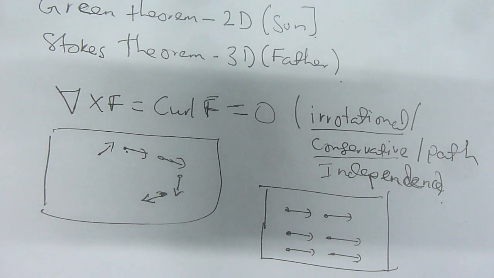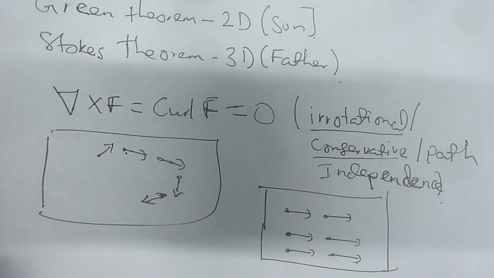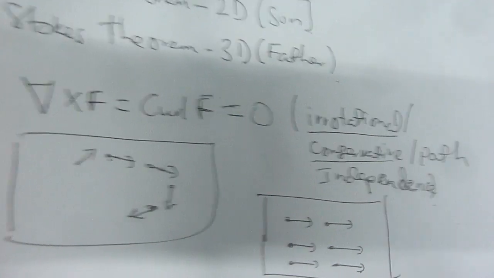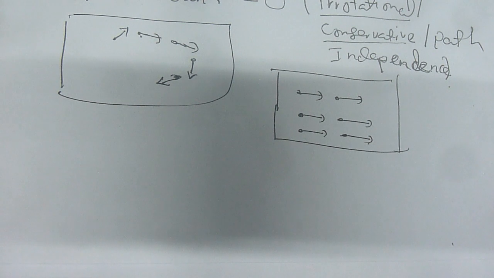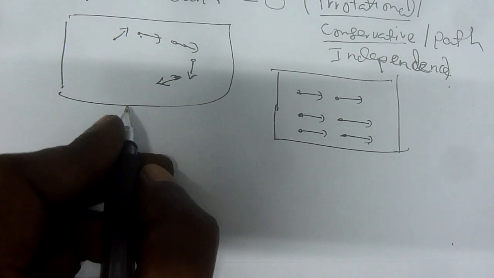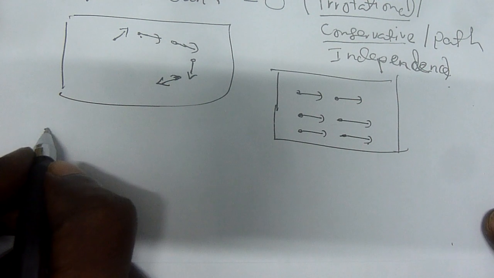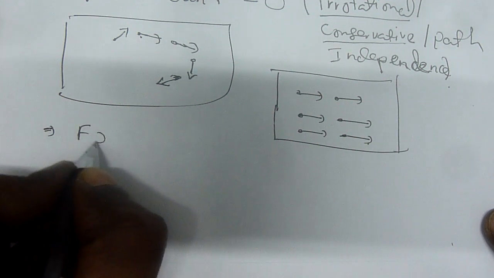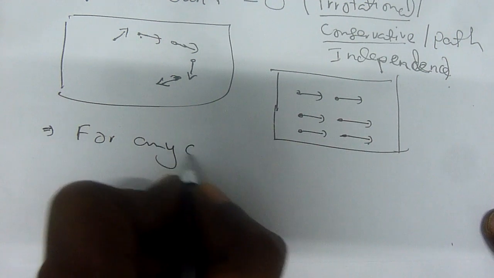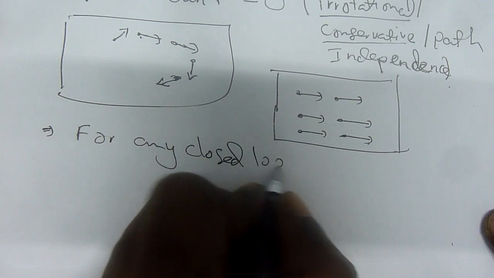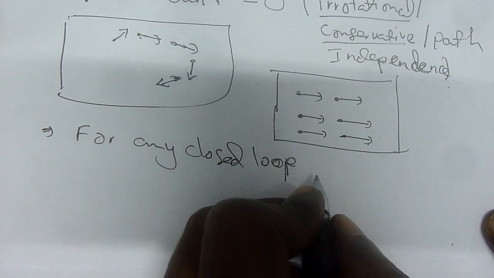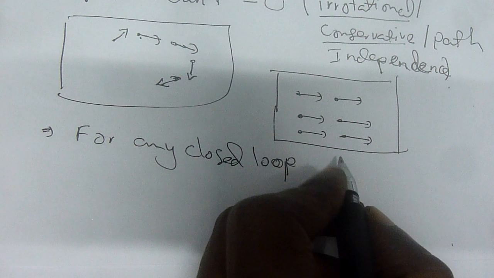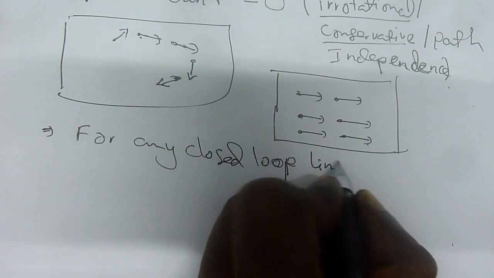With this understanding, earlier we did study two things. Maybe I can write here. I hope that it's quite clear to you. For any closed loop, earlier we learned in Green's theorem, for any closed loop, that means a closed curve C, line integral.